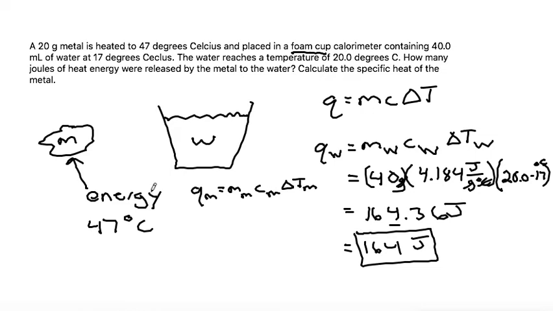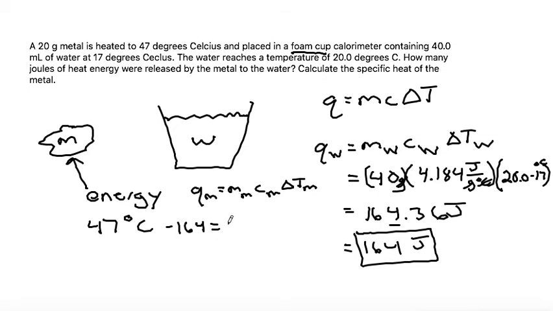And since we calculated the amount of energy that went into the water, we're assuming that all of that energy came from the metal. So we know that this 164 is the energy of the metal, although since it's being released from the metal, we would call that a negative 164, because energy that's released is negative and absorbed is positive.